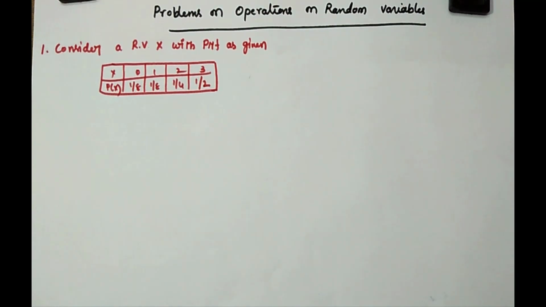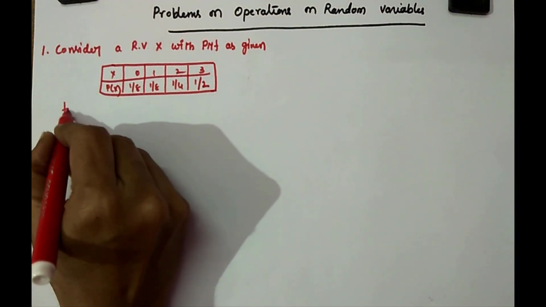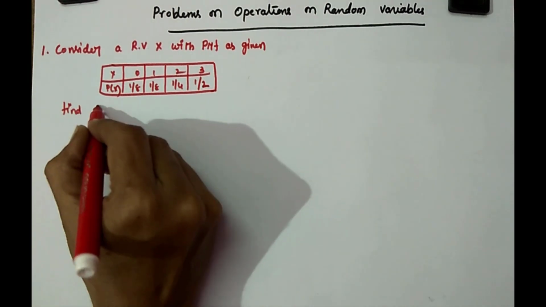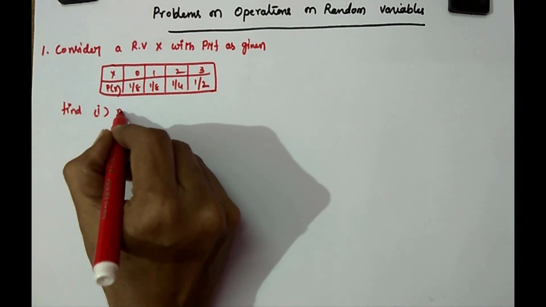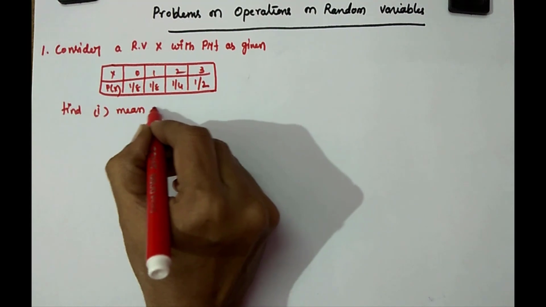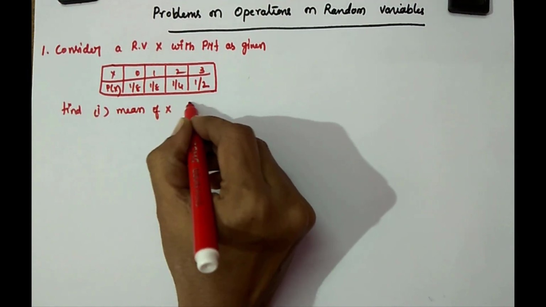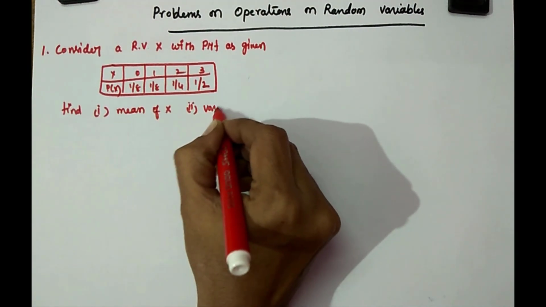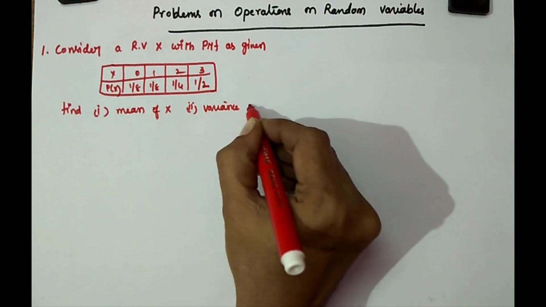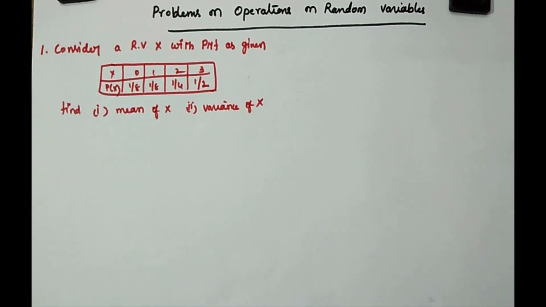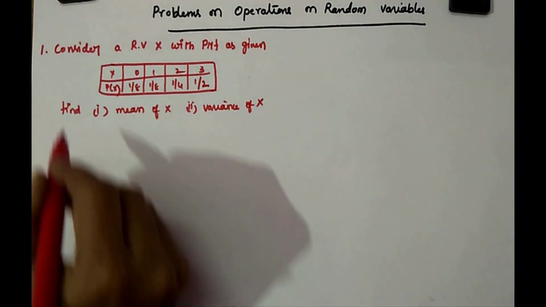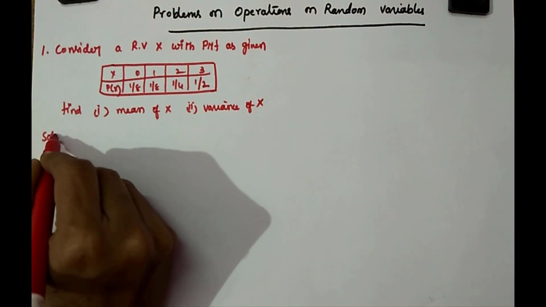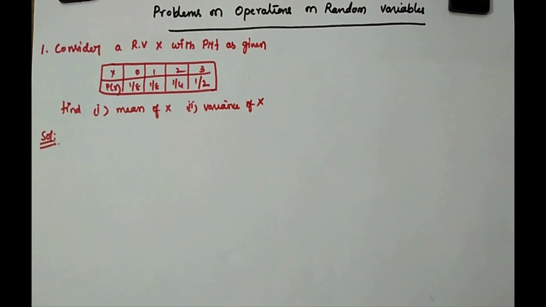This is the information about the probability mass function. You have to find first the mean of x and second the variance of x. Let us see the solution.